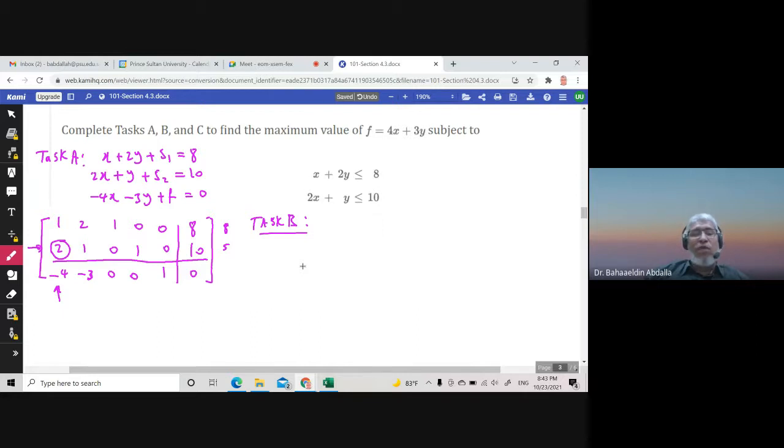Now we need to make 2 into 1 to make x a basic variable. So we will make 2 into 1 and we will use it to make 1 and negative 4 zeros. So to make it 1 I will divide by 2. So I'll have 1, 2, 1, 0, 0, 8 and 1, half, 0, half, 0 and 10 over 2 is 5.